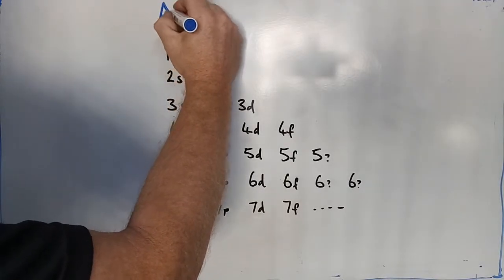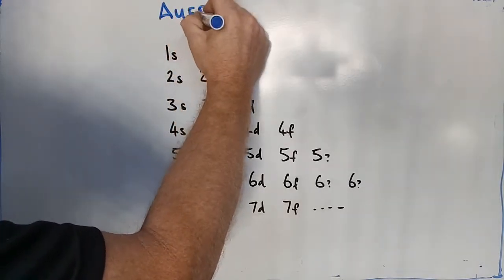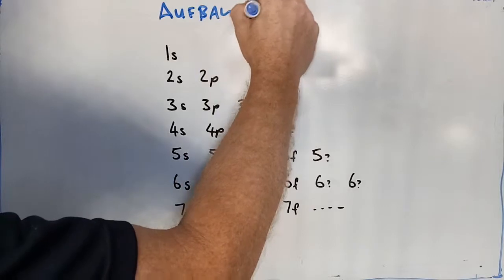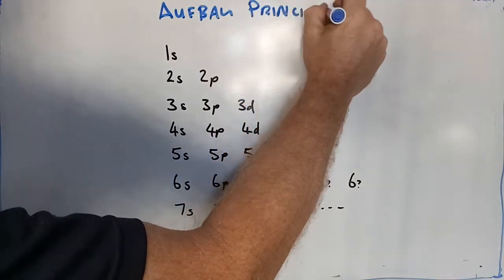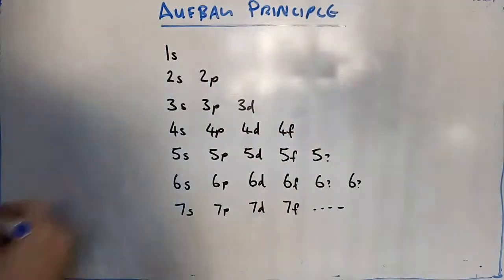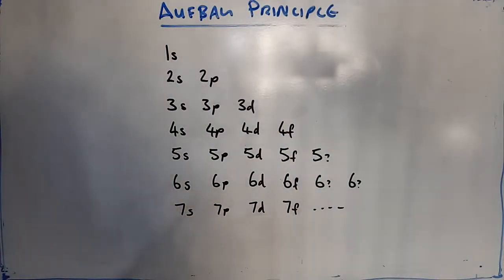One last thing. It would be good if there was some kind of mnemonic to help us determine what order the subshells get filled with electrons. It turns out there is. It's called the Aufbau principle, which is a German word that means order of filling. Here it is.